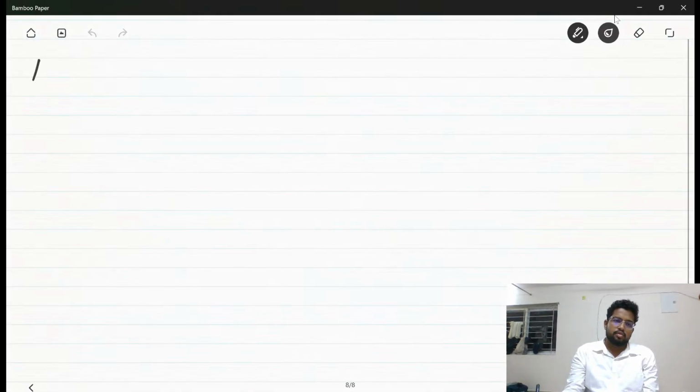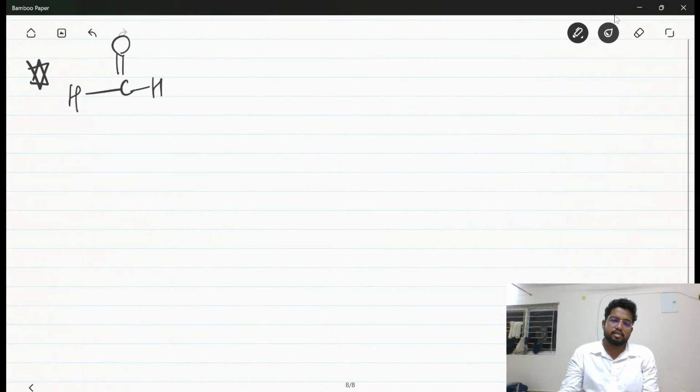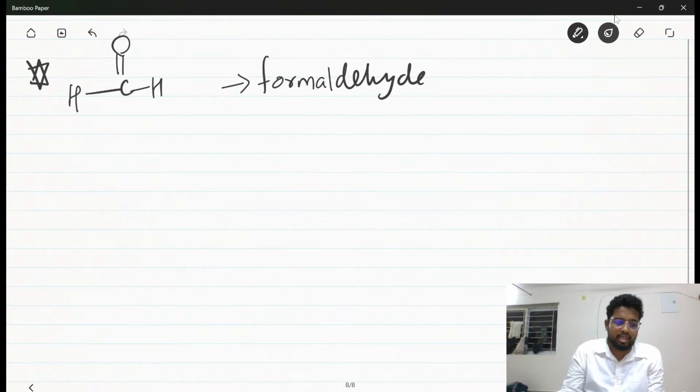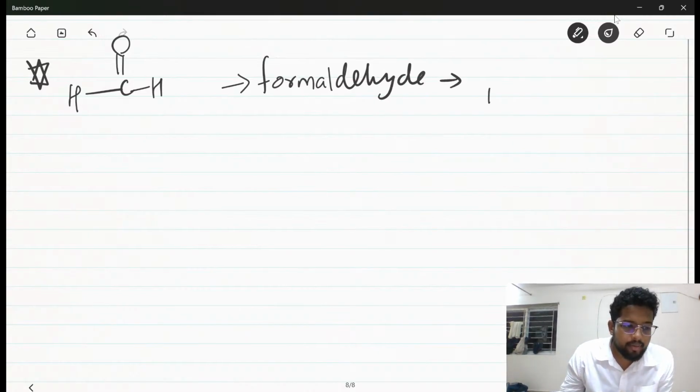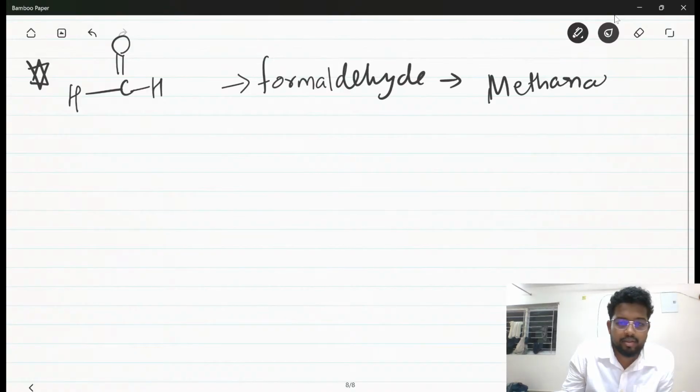Move next. What else is there? Now here we have formaldehyde. What is formaldehyde? The first member of the aldehyde series. Formaldehyde is also called methanal.